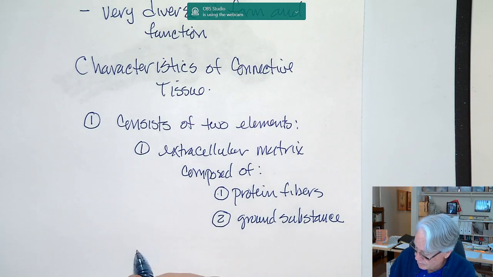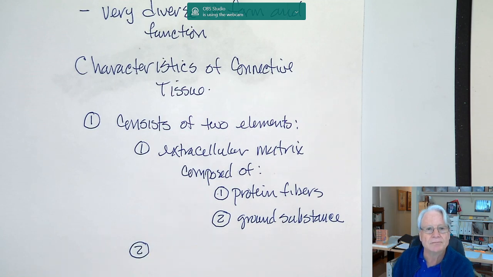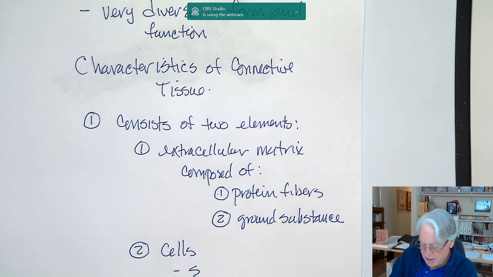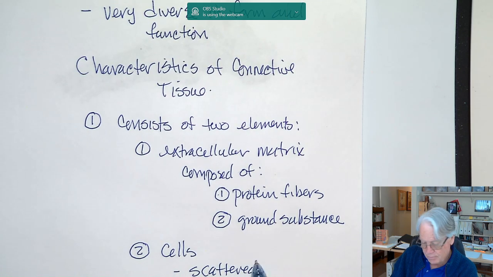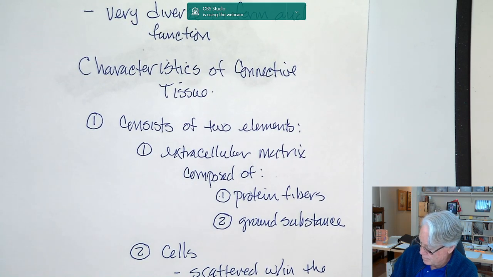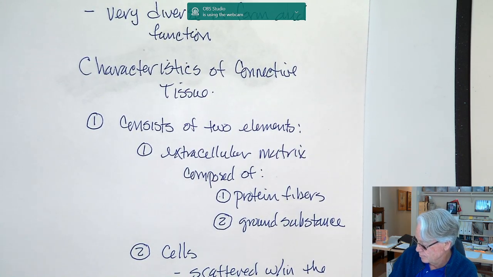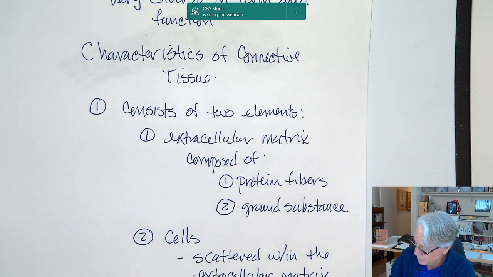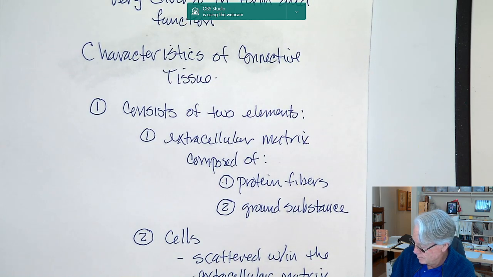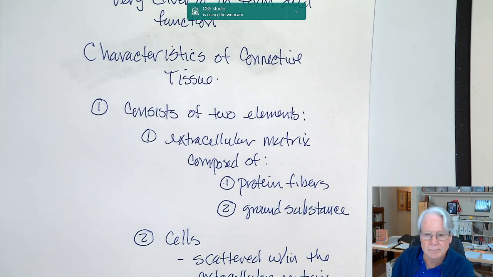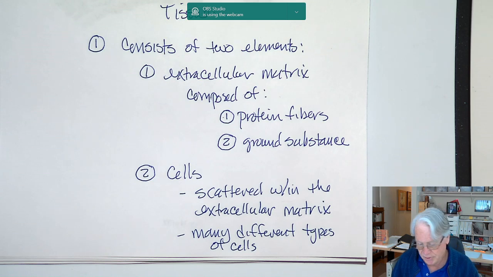And number two is cells. Okay, so these cells are scattered within the matrix. And there are many different types. So many different types of cells.